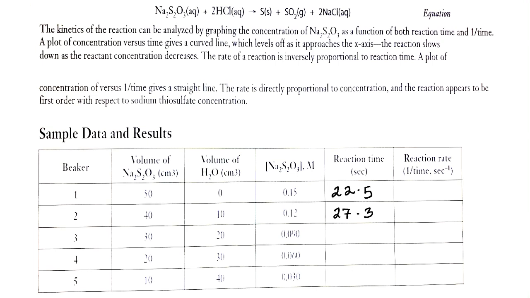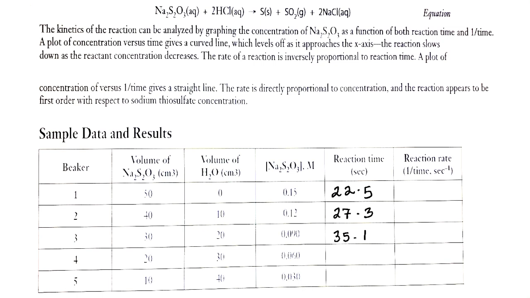The third one was 30 centimeter cube of sodium thiosulfate diluted with 20 centimeter cube of distilled water, and when we added hydrochloric acid, sulfur precipitate was formed and became cloudy at 35.1 seconds.